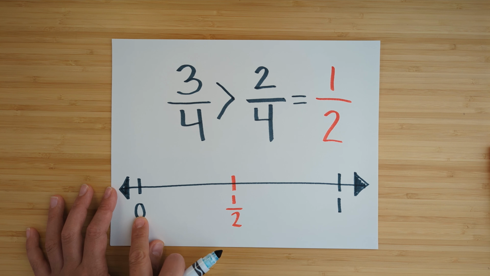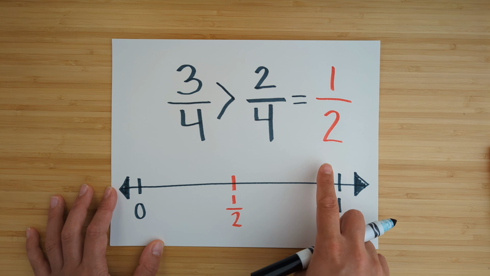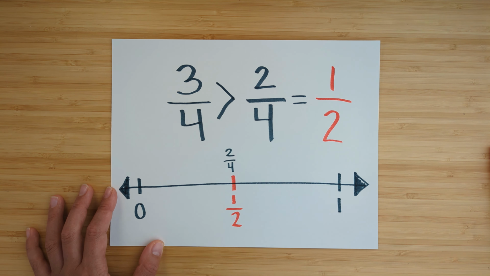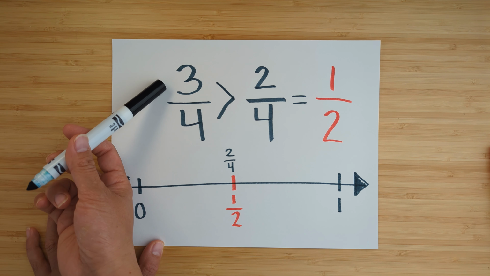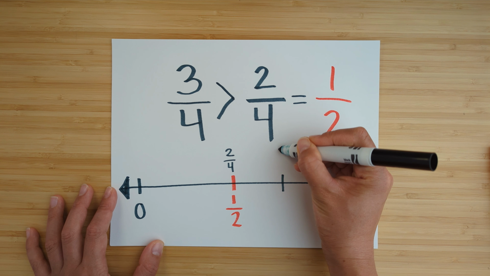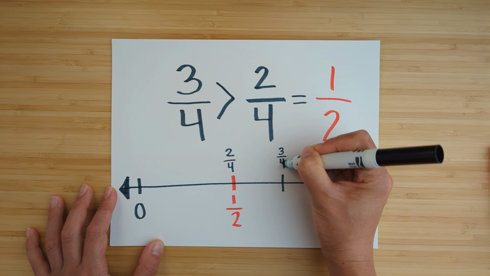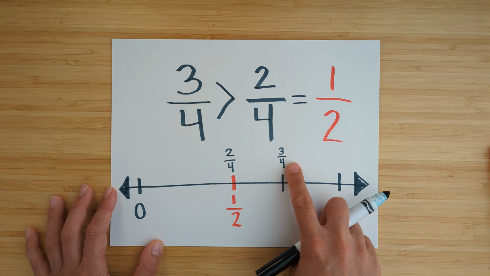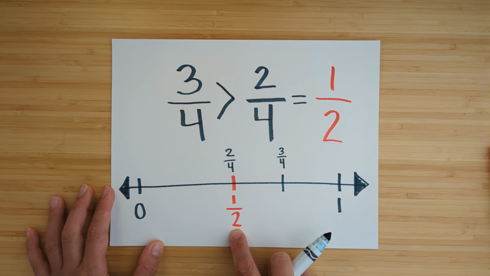I have 0, 1 whole, and a half, and I've rewritten my half as 2/4. So now you can easily see how 3/4 plots after 2/4, and how 3/4 is greater than 1/2.